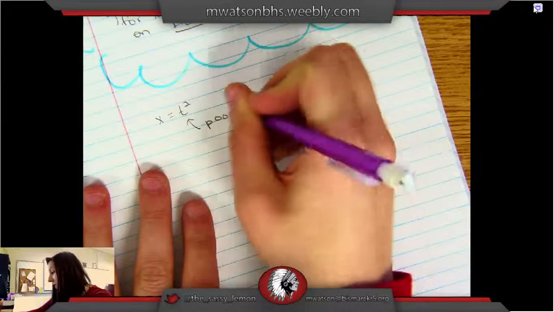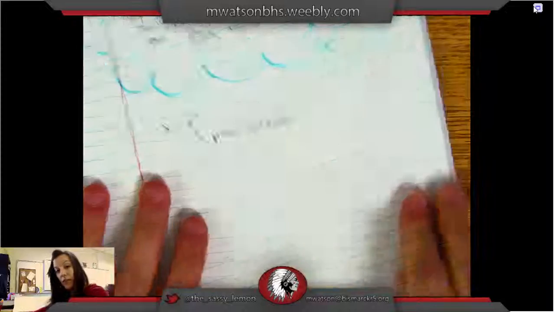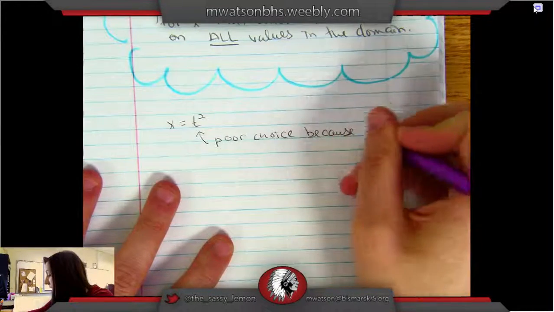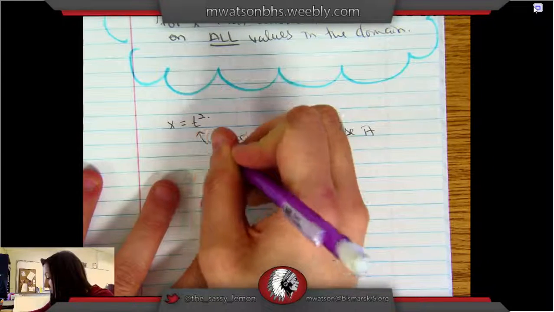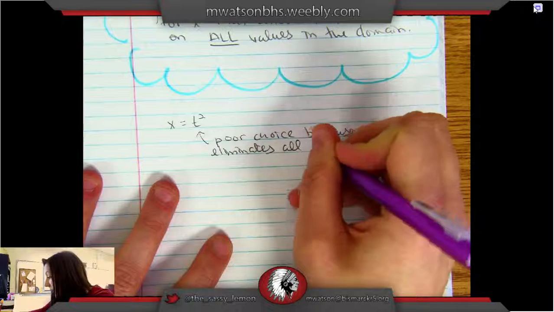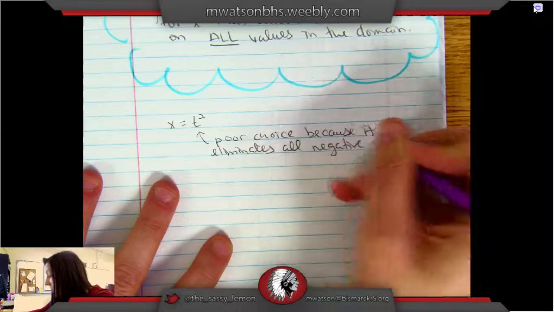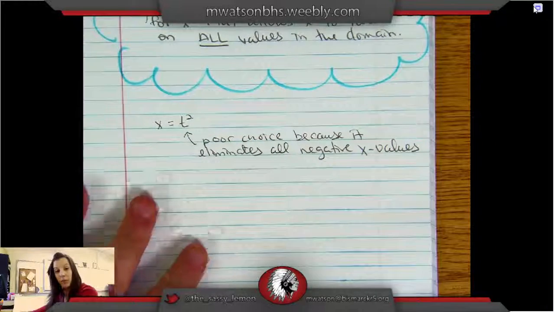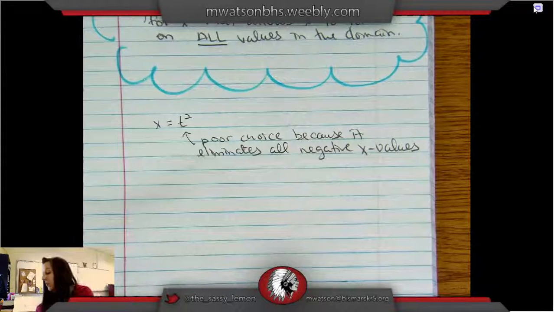So it's a poor choice because it eliminates all negative x values. And we don't want to do that. So stay away from squareds.